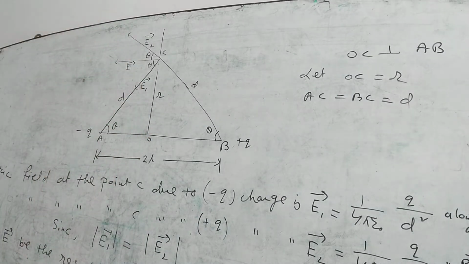That means E is the resultant electric field at C.